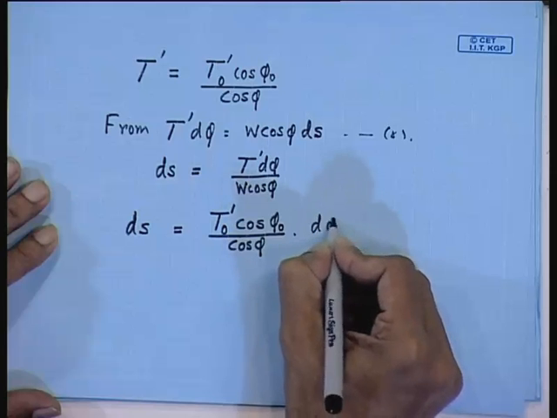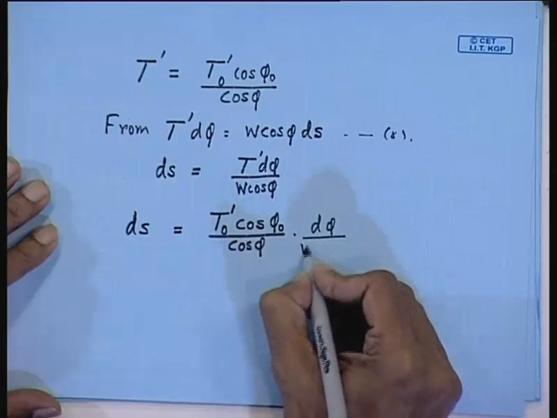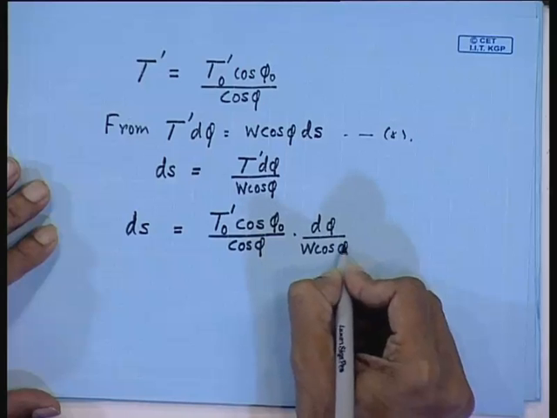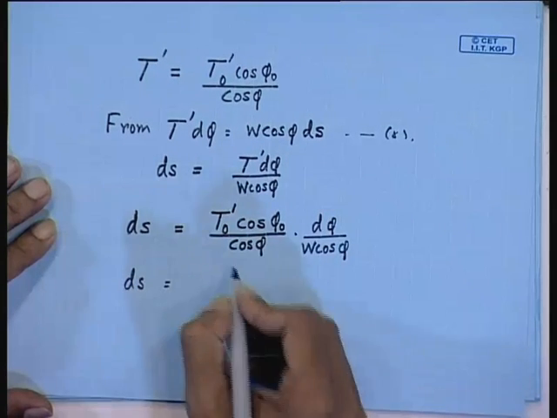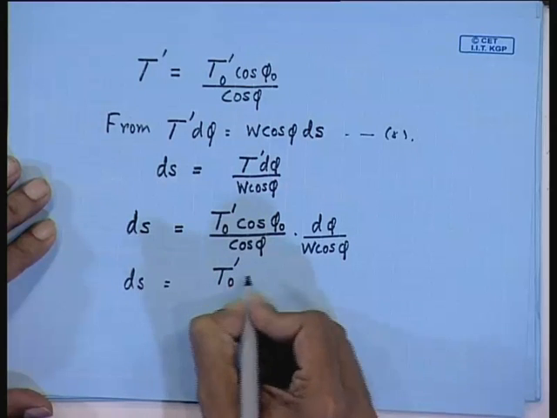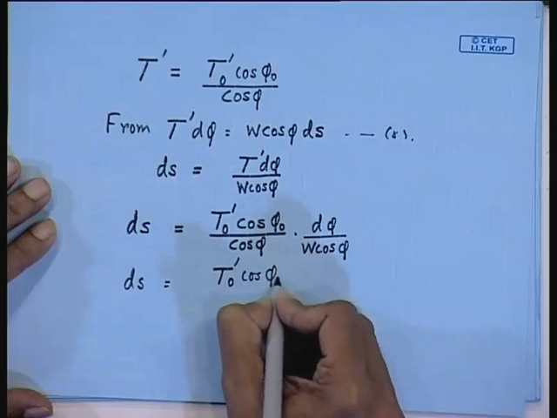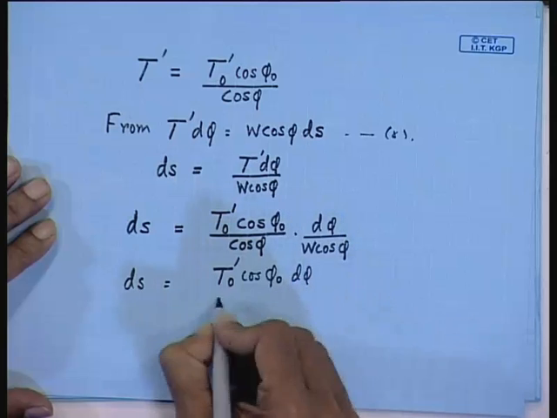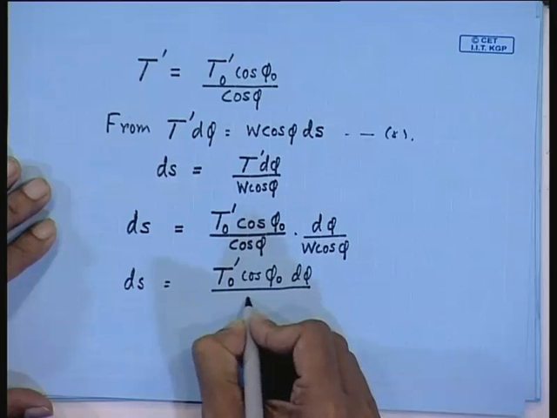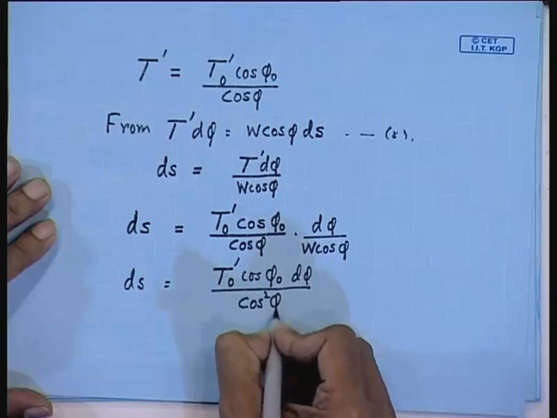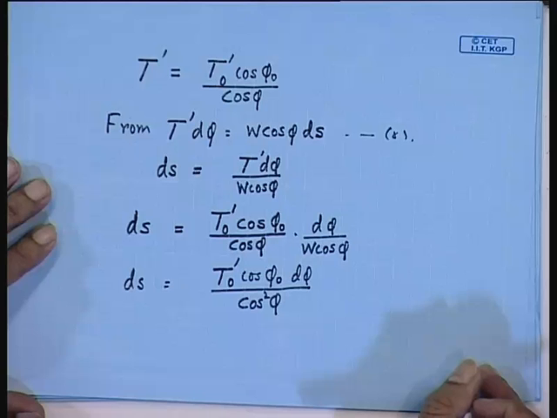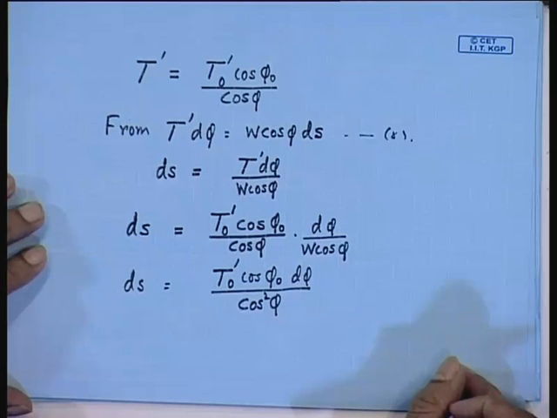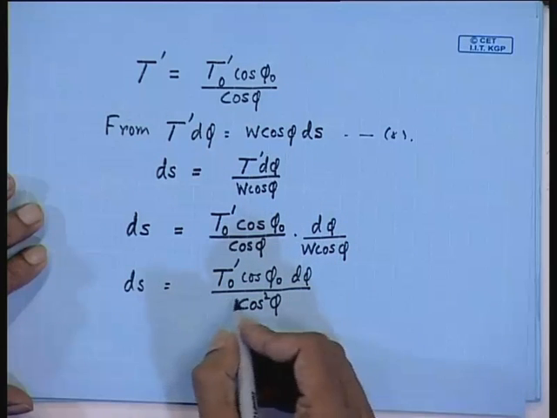So this will be your d phi over W cos phi. So now your ds is coming as cos squared phi. If you want to find out s, you just integrate the right hand side. One W term will be there.